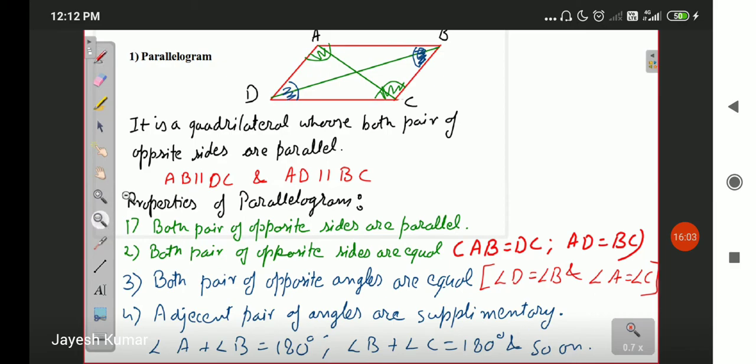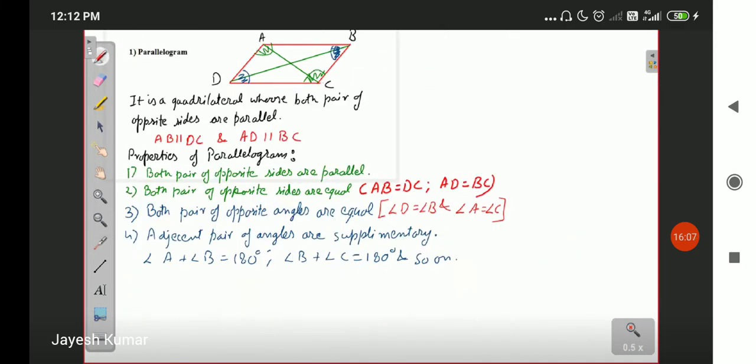And one more property, the last property that you need to remember. Fifth one, we have seen that both pair of opposite sides are parallel, both pair of opposite sides are equal, both pair of opposite angles are equal, adjacent angles are supplementary.